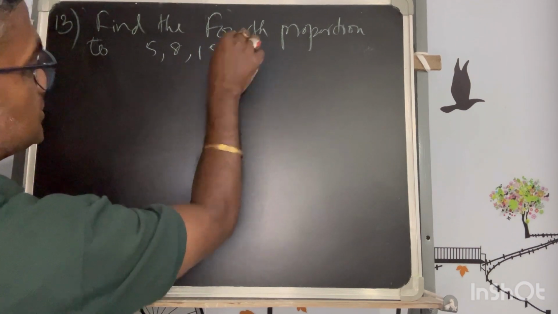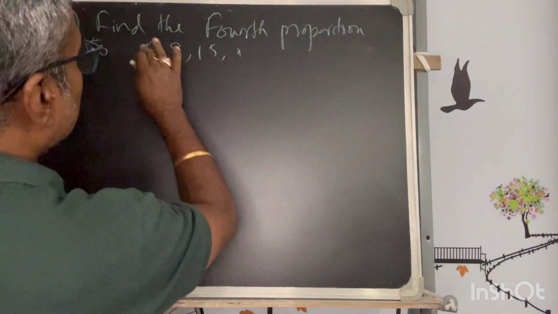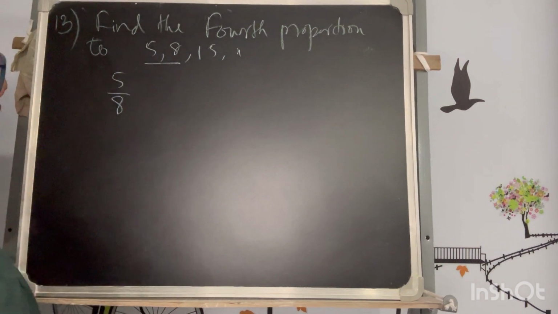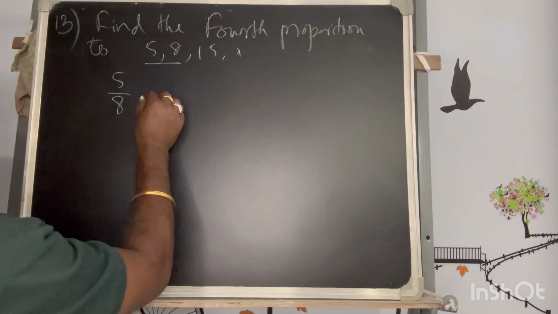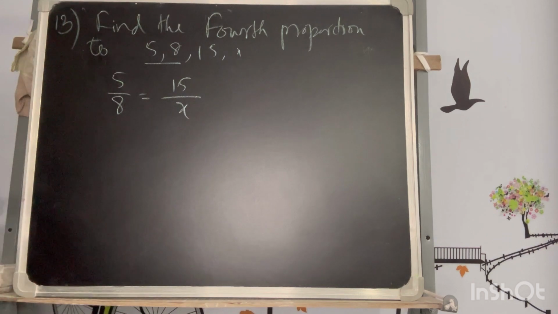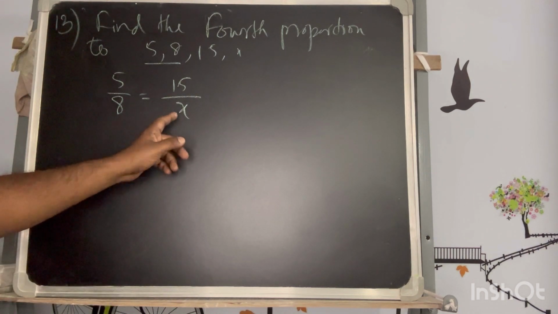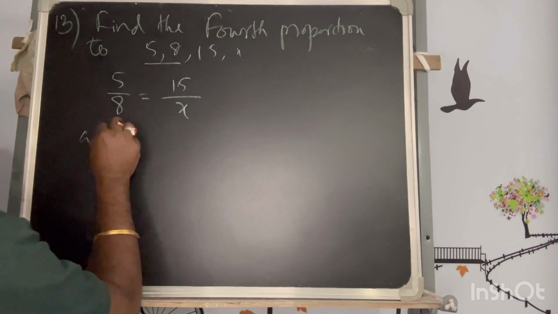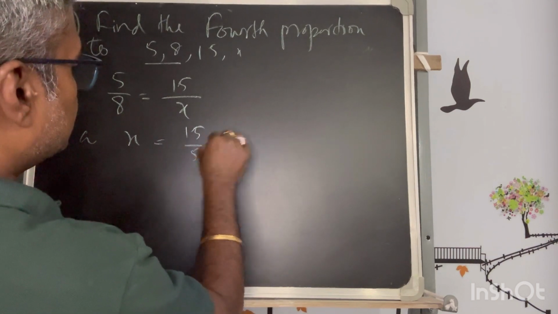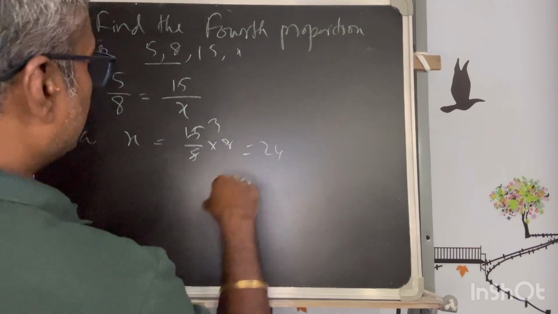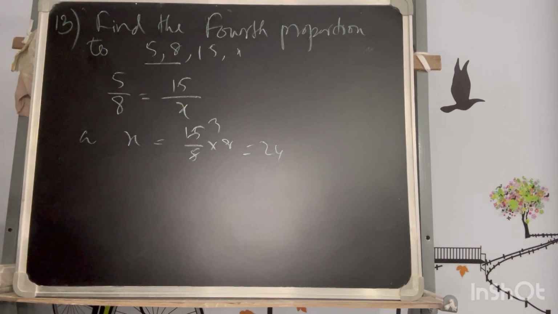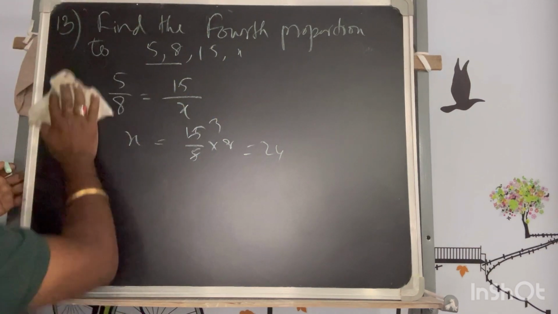Let it be x. Then the ratio of the first two quantities has to be equal to the ratio of the next two, and that will be your fourth proportion. So this is the rule. What is x? x is nothing but 15/5 into 8, which is 24. So your fourth proportion for this has to be 24.